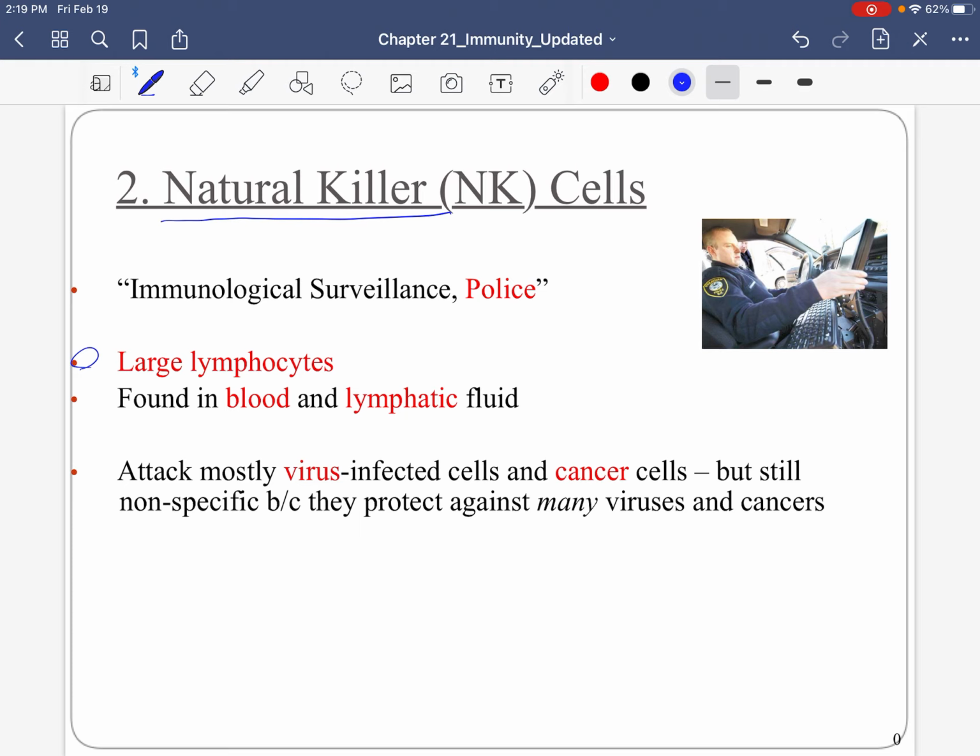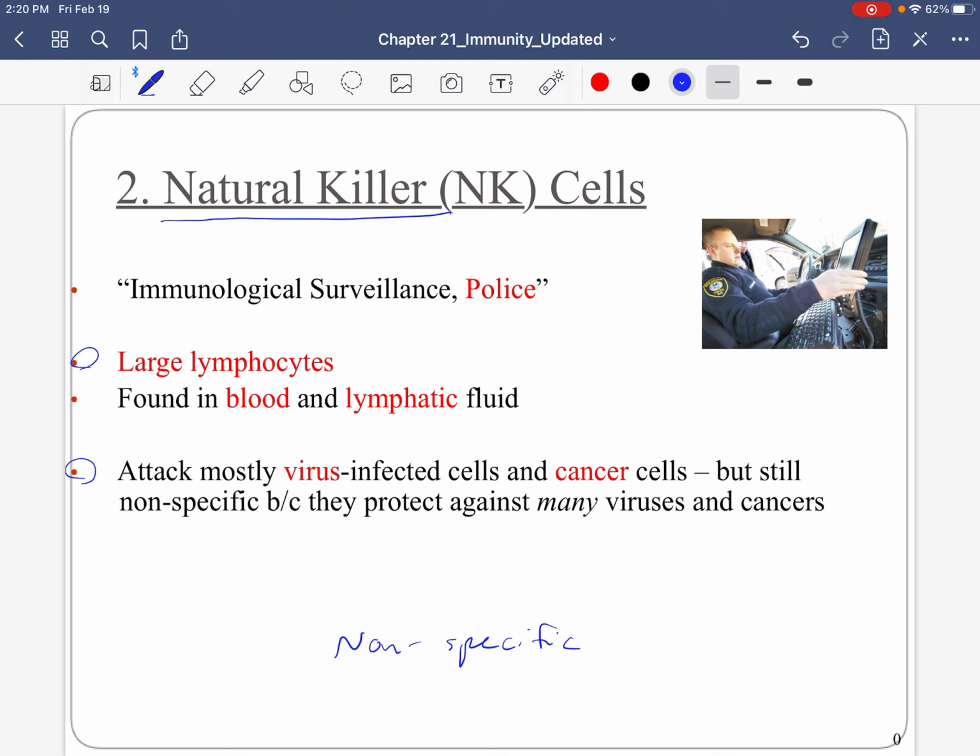I do want to make a point. Because these NK cells are part of our second line of defense, they're still considered to be non-specific, which means that they protect against anything. But here we get a little bit into some nuance. These NK cells attack mostly virus-infected and cancer cells. So in that way, they're not 100% non-specific.